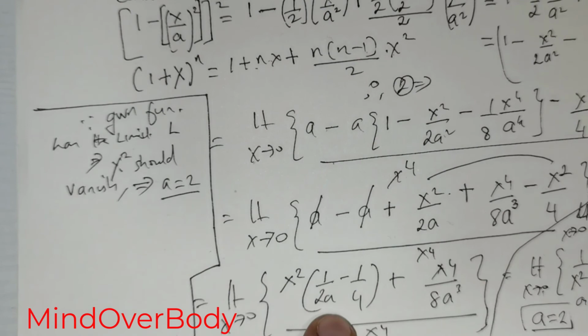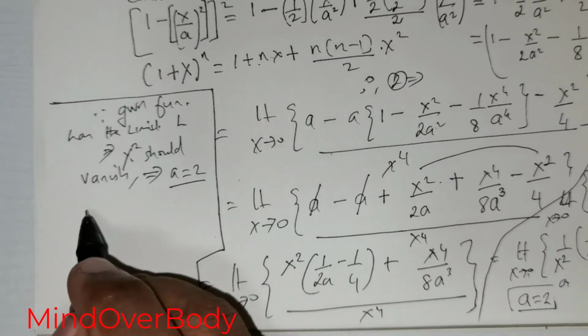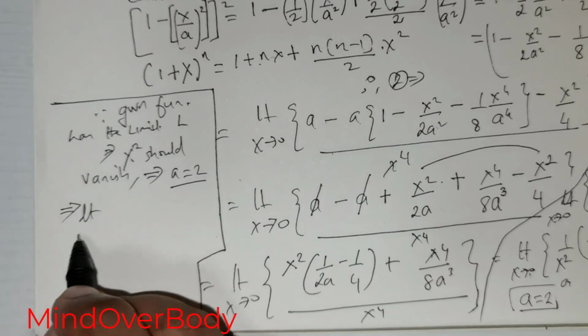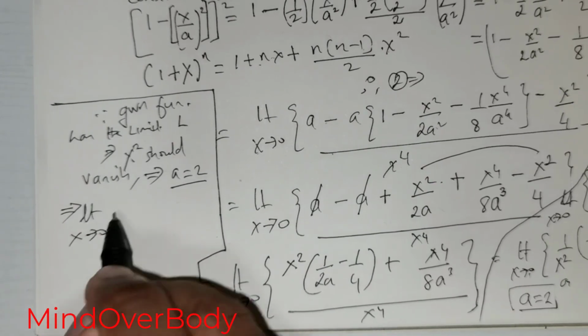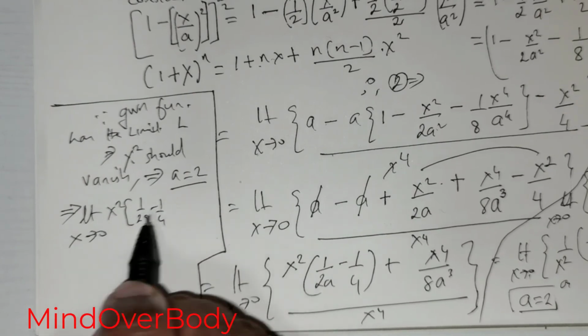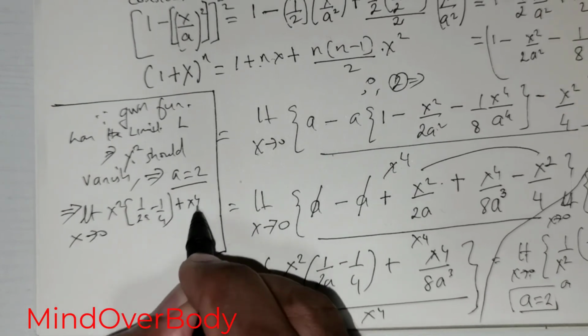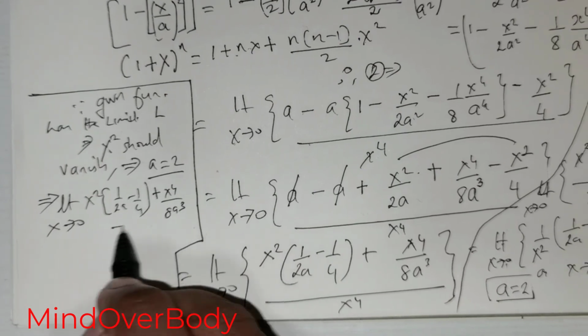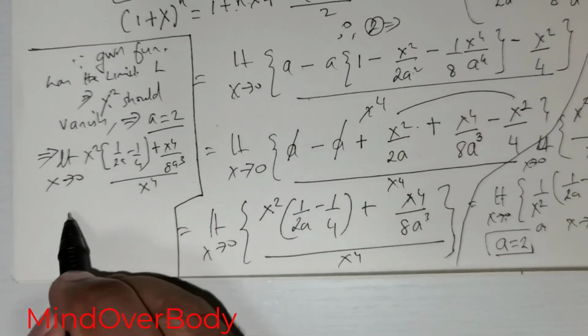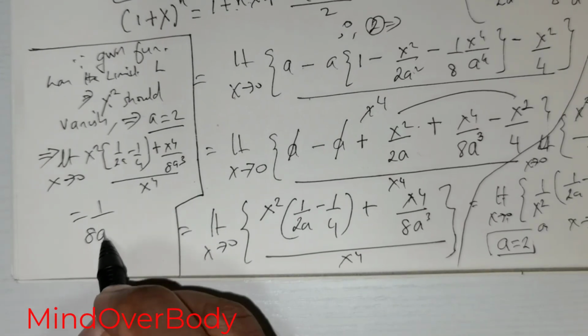So for that to happen, a should be equal to 2. Hence, this in turn would imply the limit x tending to 0 of x squared times (1 over 2a negative 1 over 4) positive x to the power of 4 divided by 8 times a to the power of 3, divided by x to the power of 4, is giving us 1 over 8 times a to the power of 3.